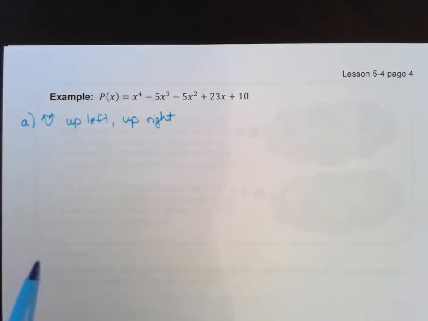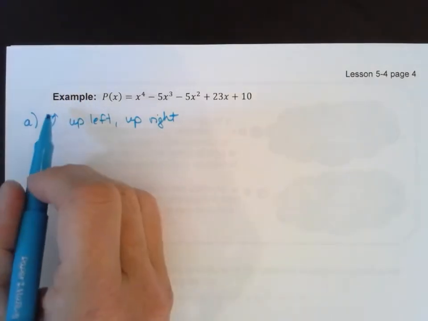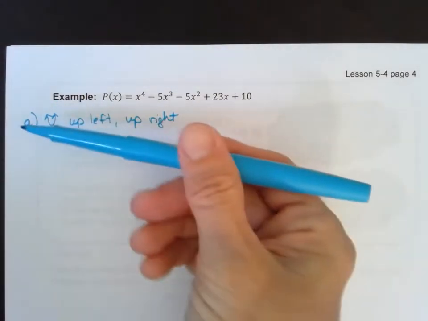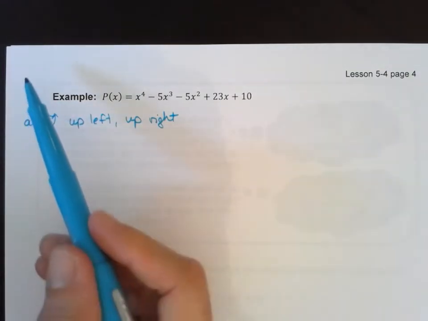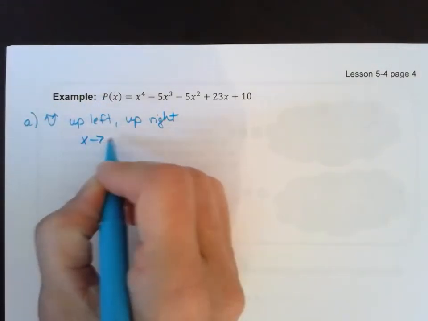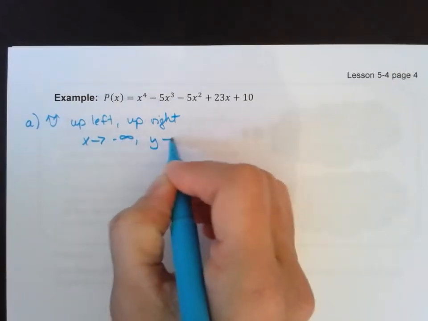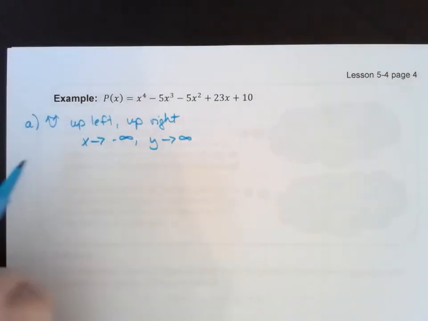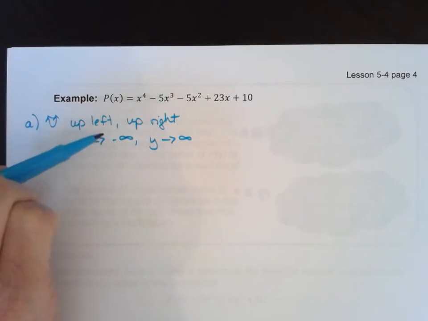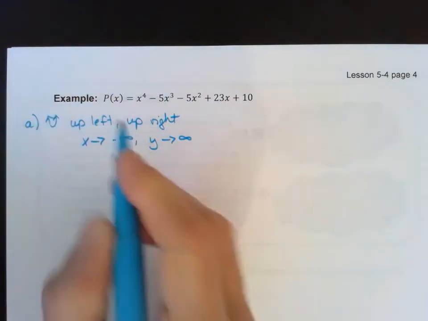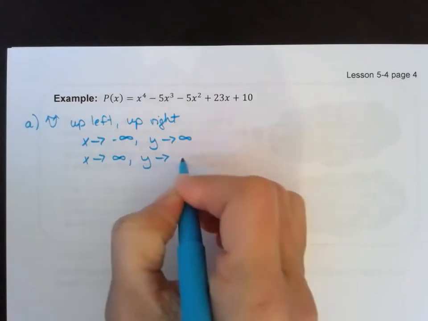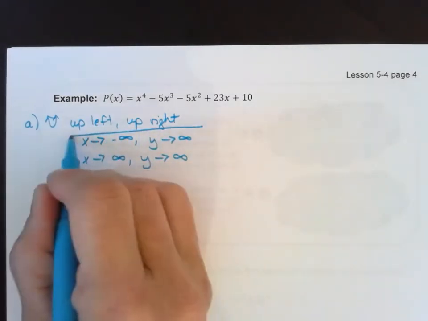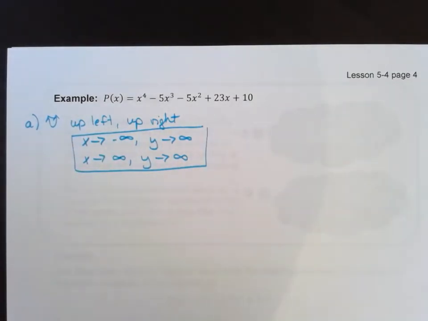But if we write it using algebra and arrow notation, as x gets smaller, so as x goes to negative infinity, y gets bigger. And as x goes to the right, y goes up. So as x gets bigger, y also gets bigger. This is the end behavior that we'll be looking for.